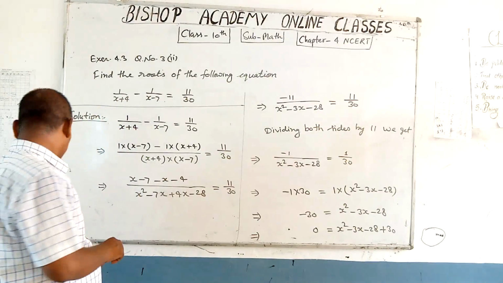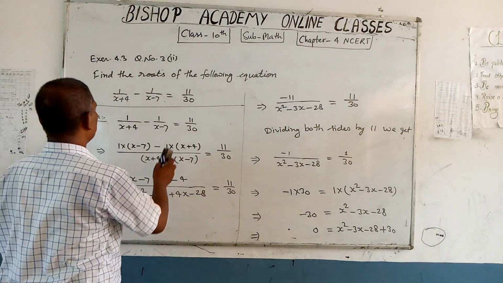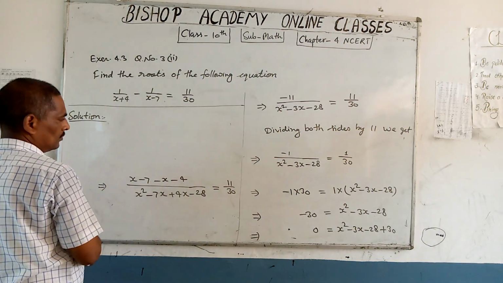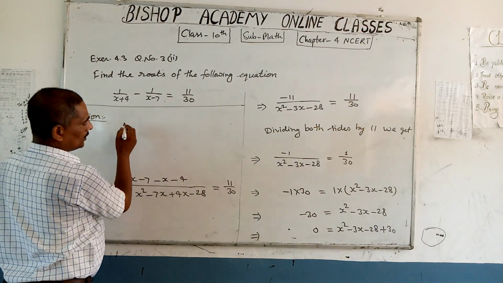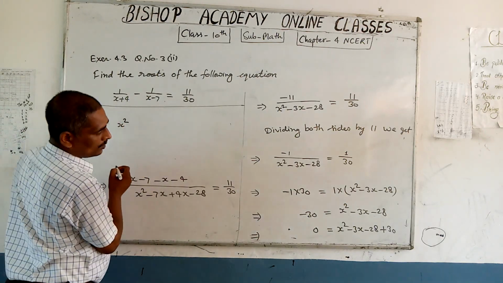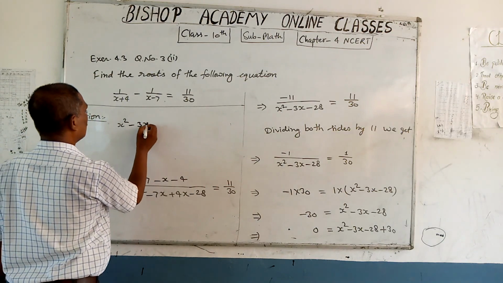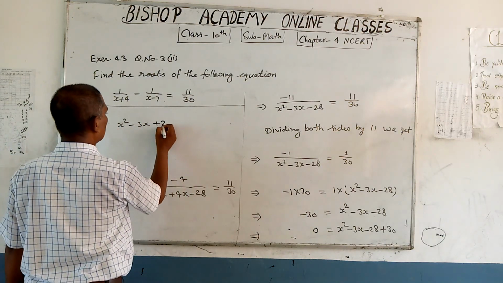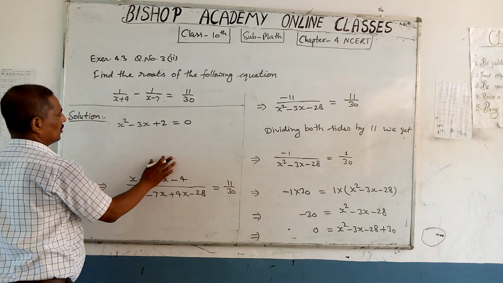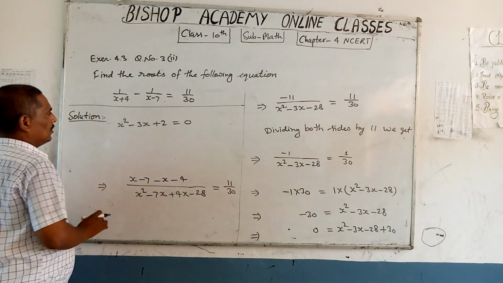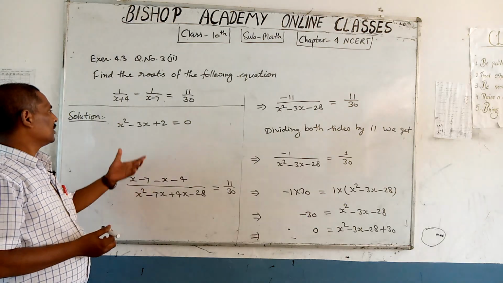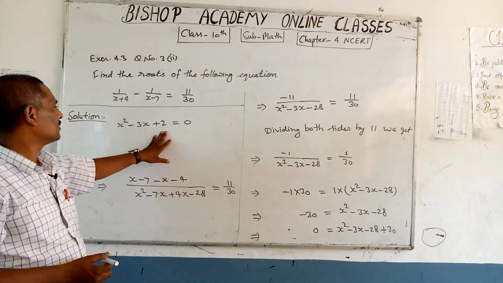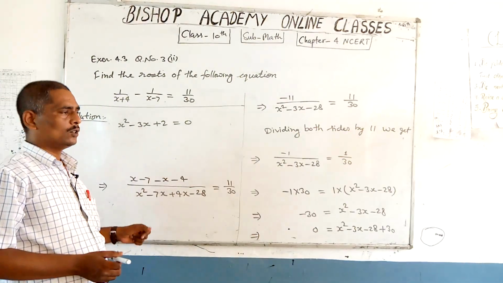Now simplify. In the next step, you write x square minus 3x minus 28 plus 30 results plus 2 is equal to 0. Here student, this equation is in the form ax square plus bx plus c is equal to 0.